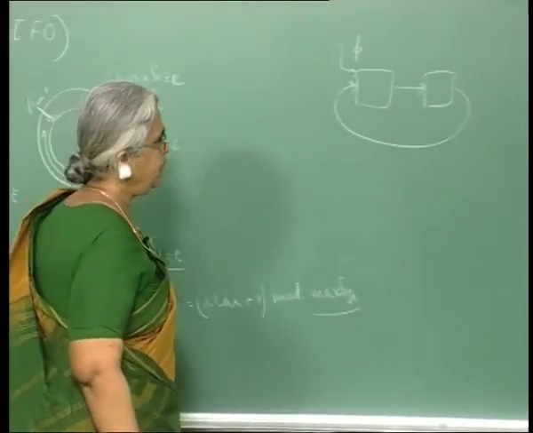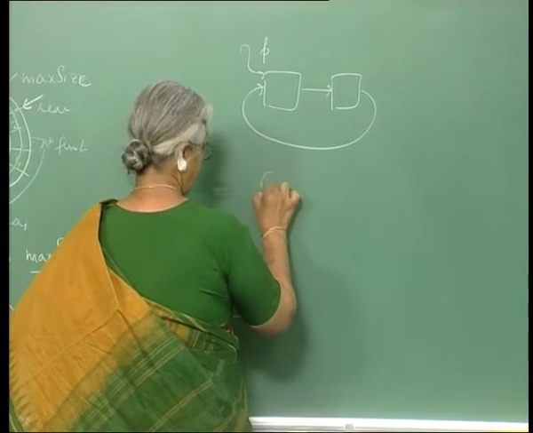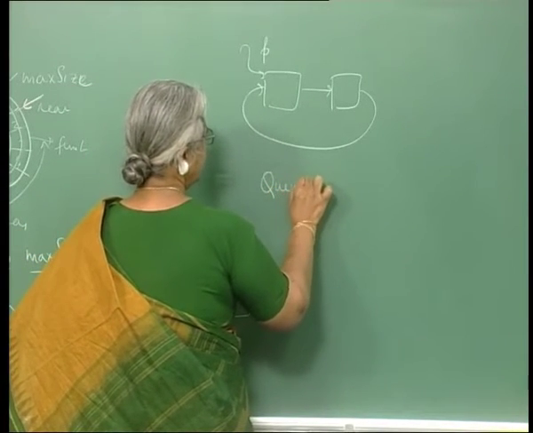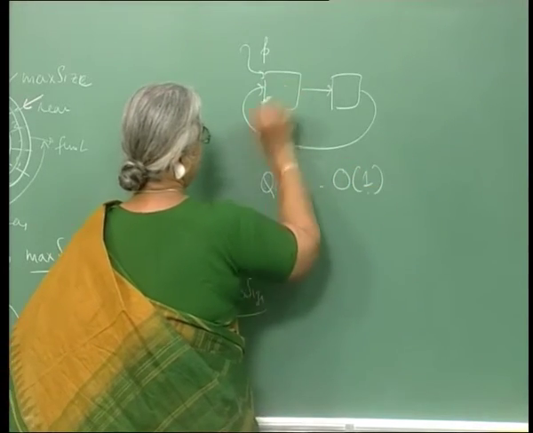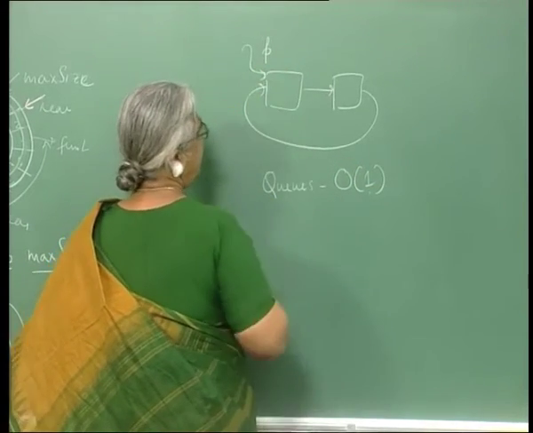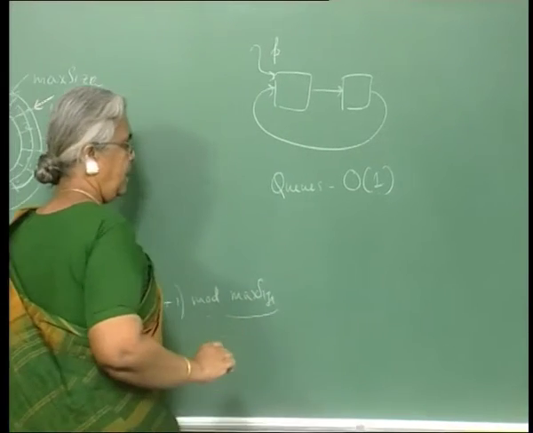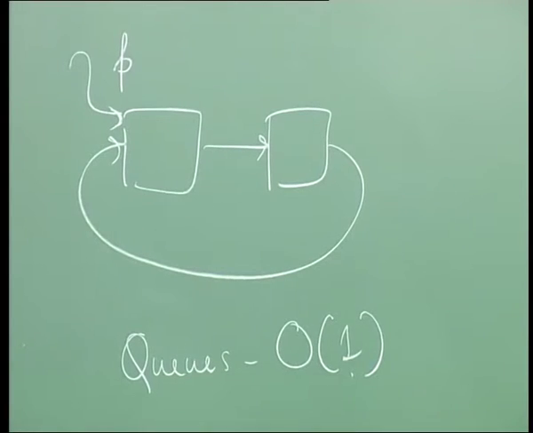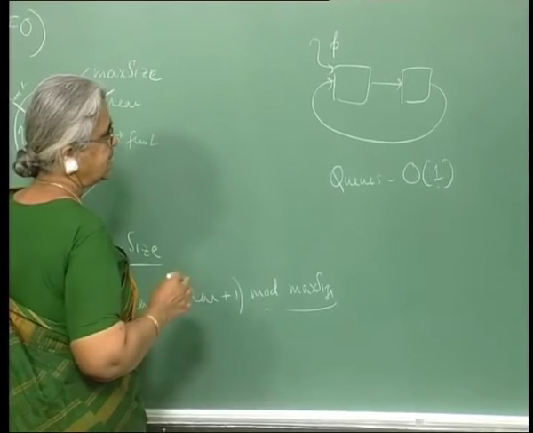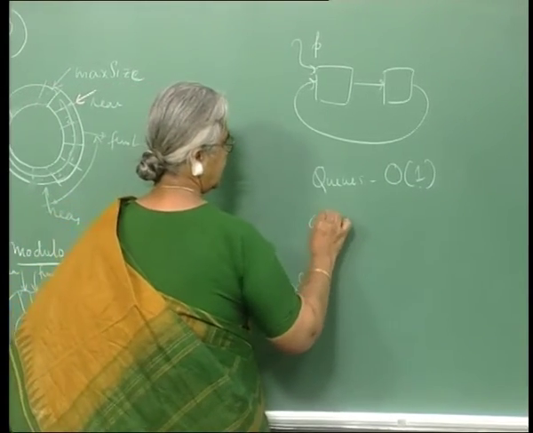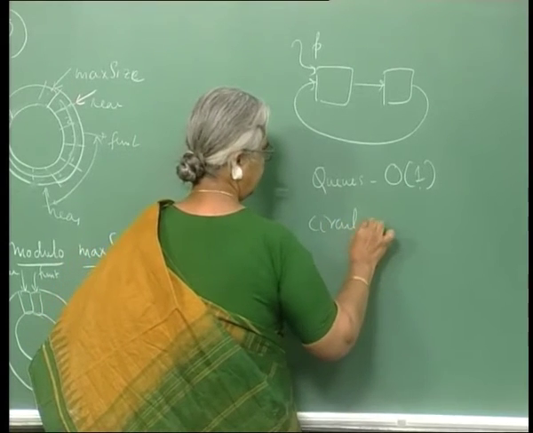I want you to implement the queue. All operations on queues must be order 1. I am giving you only one pointer, no front and rear, there is only one pointer p. So, now where should p point to? Should it point to the front? Should it point to the rear? I want you to think about it. It is a circularly linked list. Okay.